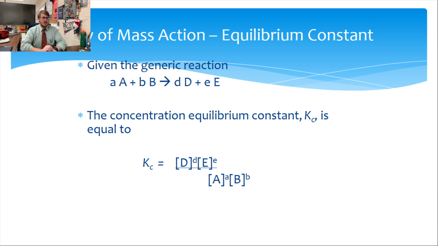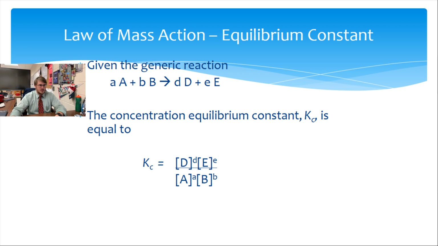So let's take a general reaction, with easier subscripts, where we have a A reactant reacting with b B reactant to form d D and e E product. a is the coefficient for A, b is the coefficient for B, d is the coefficient for D, and e is the coefficient for E. To find the Kc, the other way to express the equilibrium constant, we take the concentration of the reactants and products and write them in terms of their concentration.